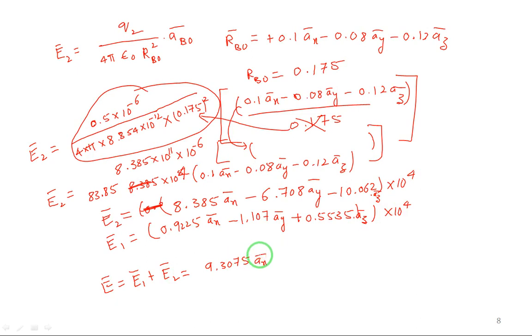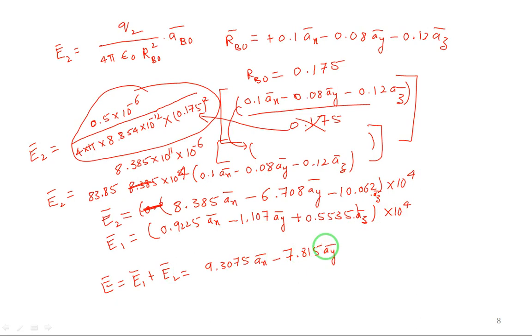Next we will add the components of Y, minus 6.708 minus 1.107. So I am getting minus 7.815 AY.